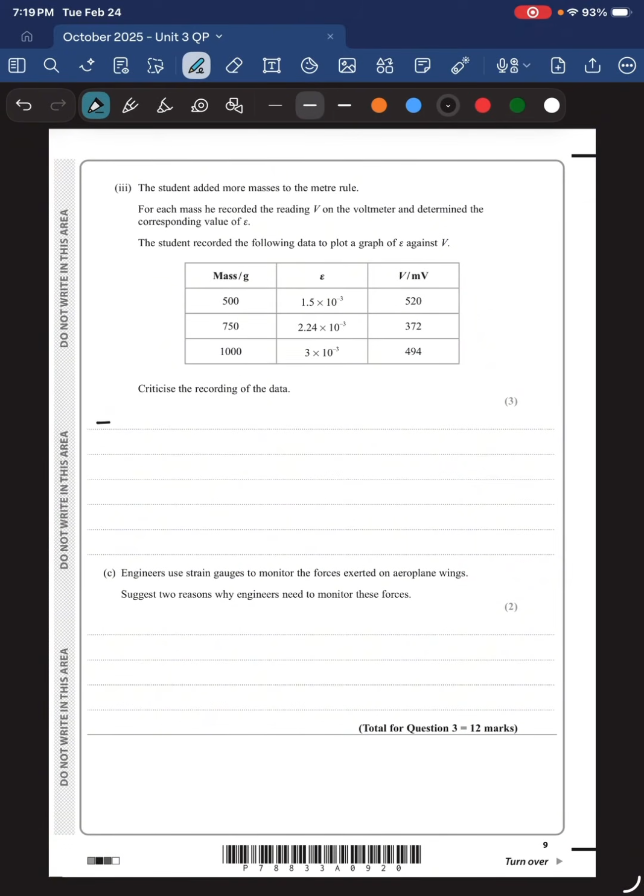And also, of course, we just have 3 data points. That's not enough. So not enough data points. So just 3 are used here. Inconsistent significant figures, sig figs.